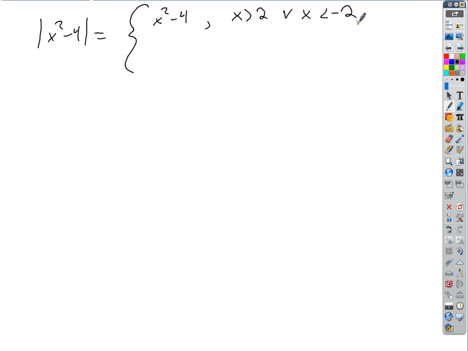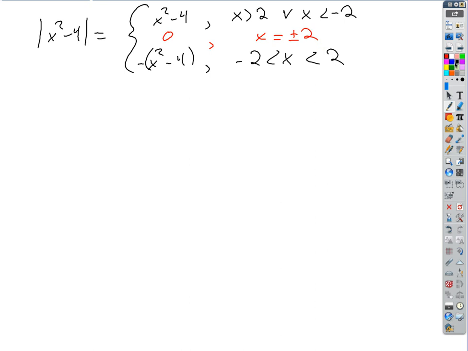So x squared minus 4 is greater than 0, and that's true. The absolute value of a positive is itself. The absolute value of a negative is the negative. When x squared minus 4 is less than 0, x is pinched between negative 2 and positive 2. And then in the middle, it's equal to 0 when x equals plus or minus 2. Right?